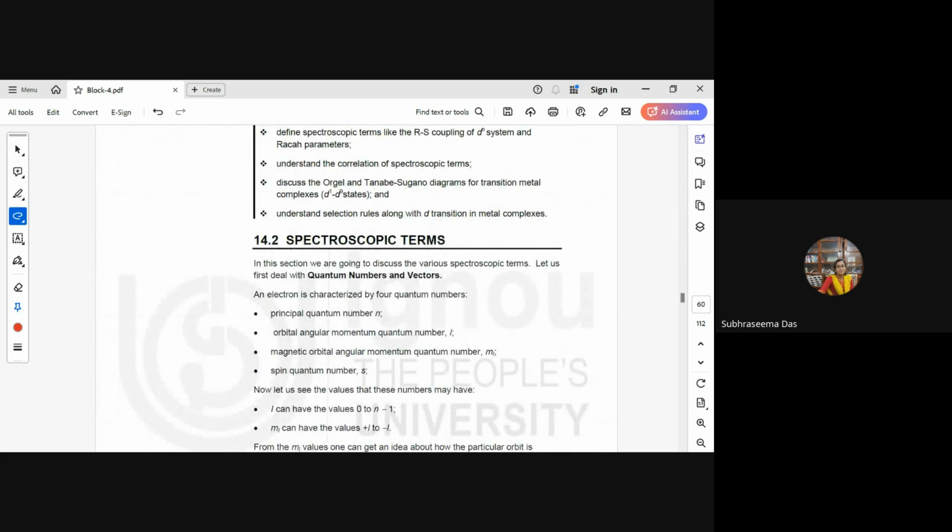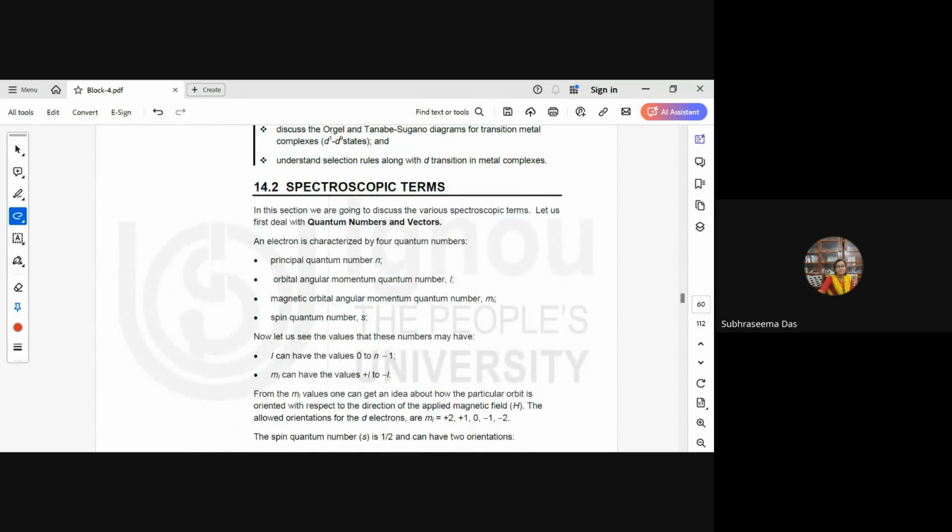Before starting with the electronic spectra, we should first know about the four quantum numbers, that is, the principal, orbital, magnetic and spin quantum numbers.